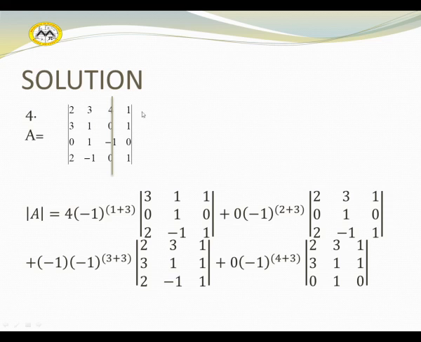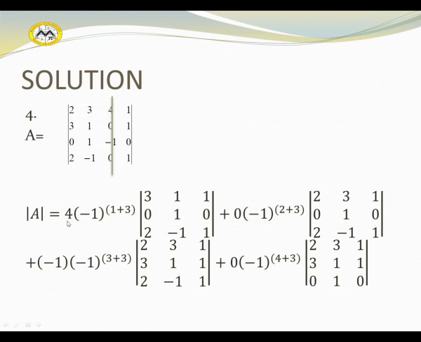So here I chose the third column to be deleted, and then we have to look for the cofactors from the first row, third column, second row, third column, third row, third column, and fourth row, third column. So then, by applying the cofactor expansion, the determinant of this matrix A, which is a 4 by 4, is now equal to, when we delete the first row and third column, the element is 4.